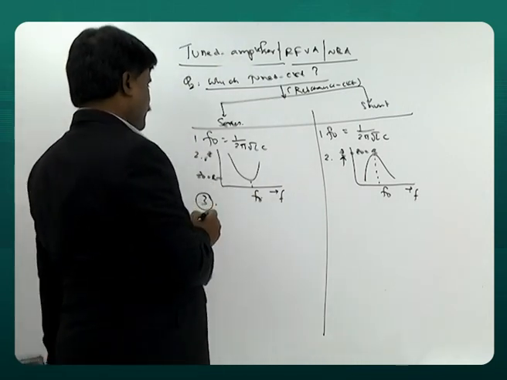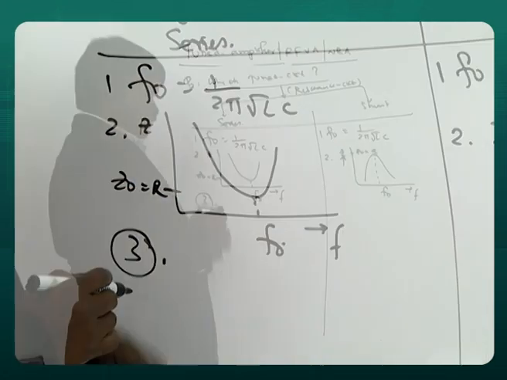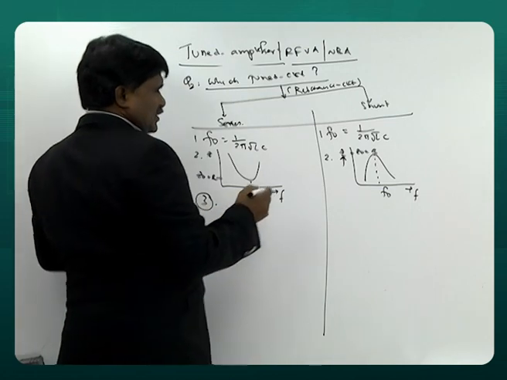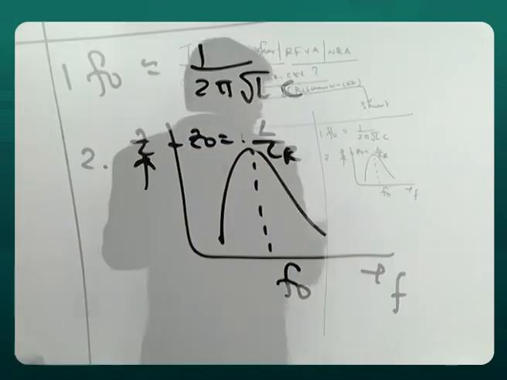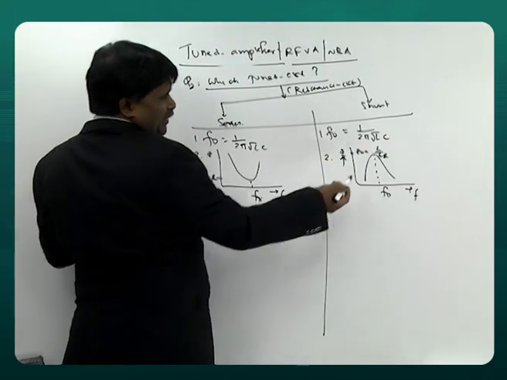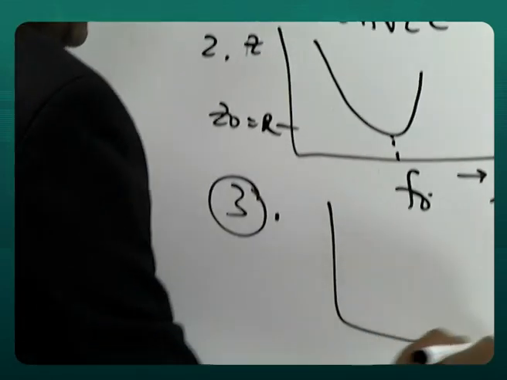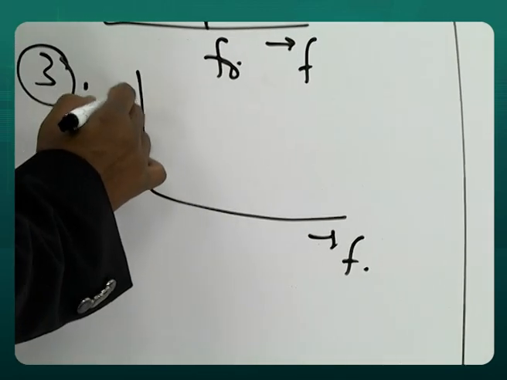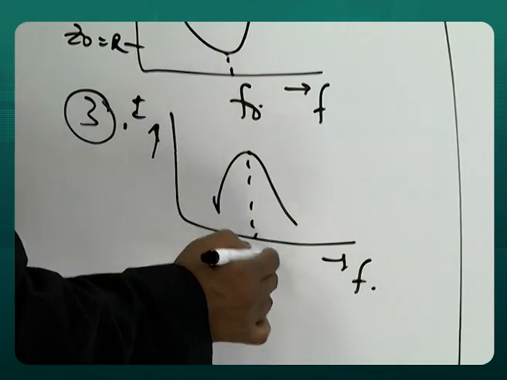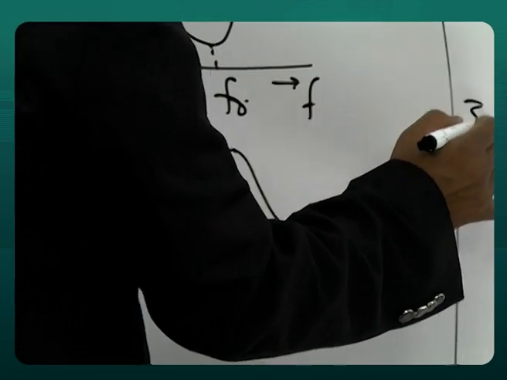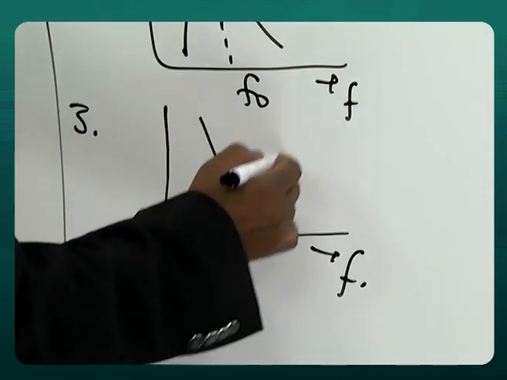Like that. Z versus frequency is R. In other words, this is L by CR. Whatever the value may be, impedance is maximum, impedance is minimum. If you take current, where the impedance is minimum, automatically current is maximum. Current is minimum.